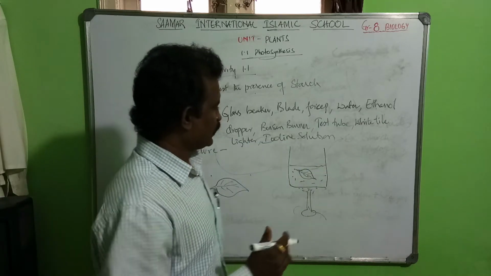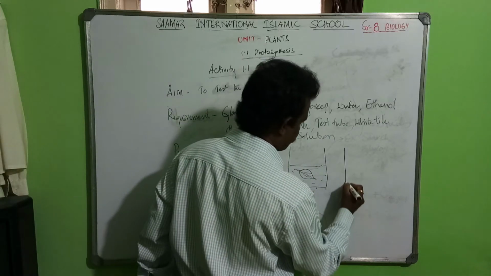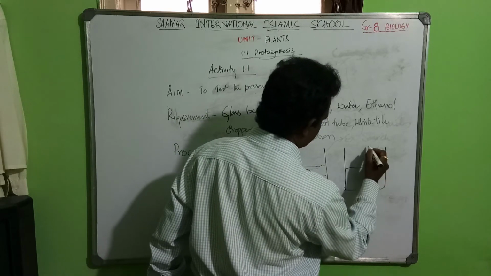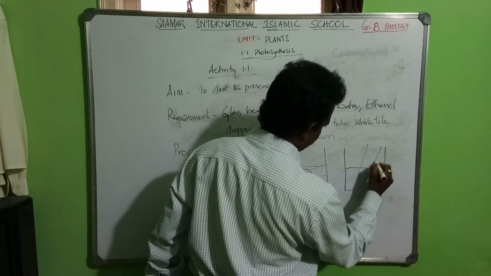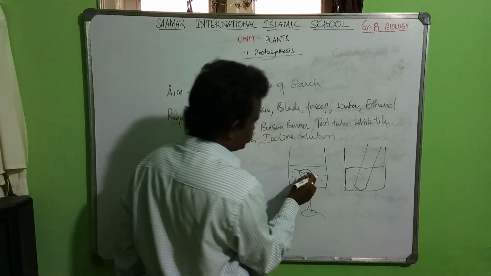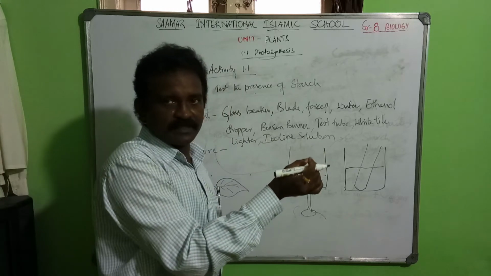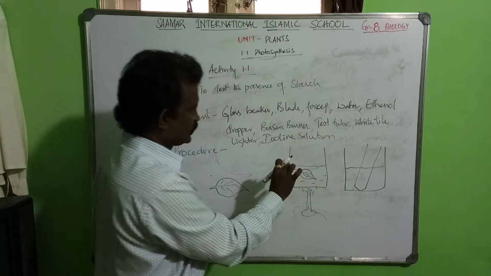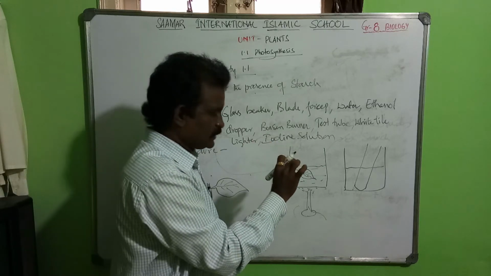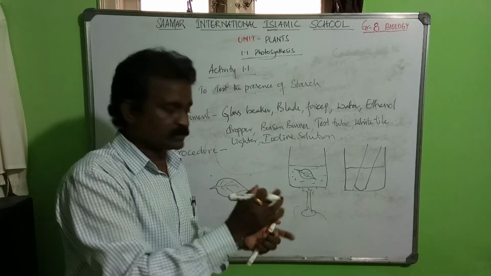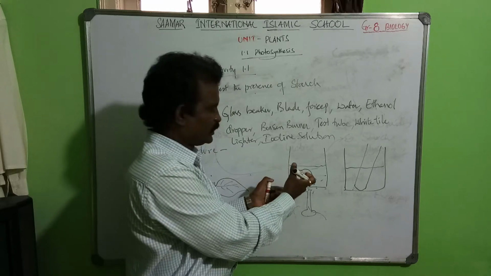Correct. Now what I'll do, I'll take a test tube. Slowly I will take this leaf using forceps, slowly without damaging it, because it has been softened already, because it is boiled, right?